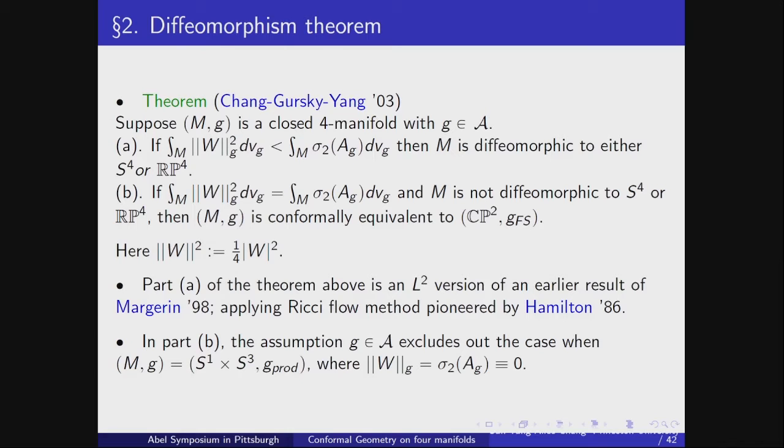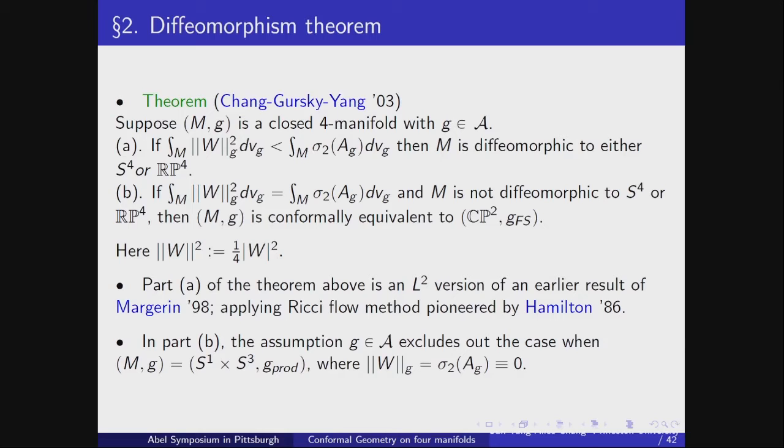So that happens on the 4th sphere. But this theorem says if this happens, then the manifold is already diffeomorphic to S4 or the real projective space, depending on the orientation. Okay? And then the theorem says when it's equal, the next stage, when it's equal, and if it's not diffeomorphic to the 4th sphere, because the metric can perturb, and it still can be diffeomorphic to the 4th sphere. But if it's not, then we already know the manifold is complex projective space, CP2.